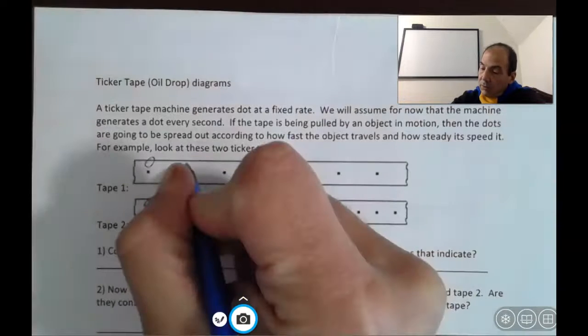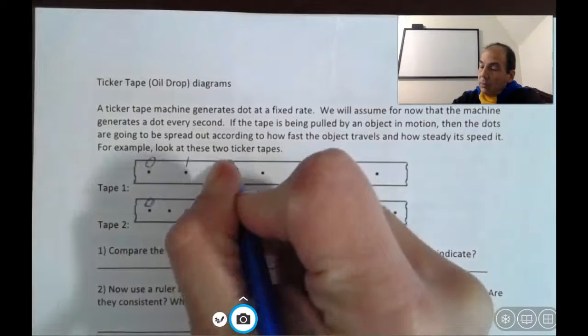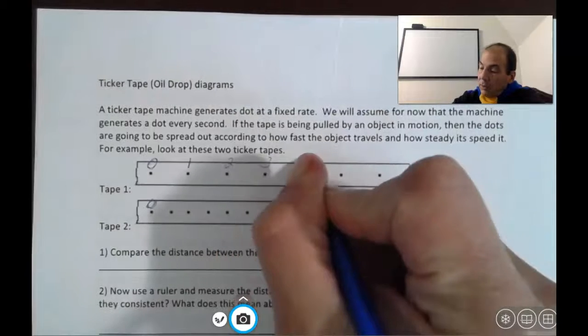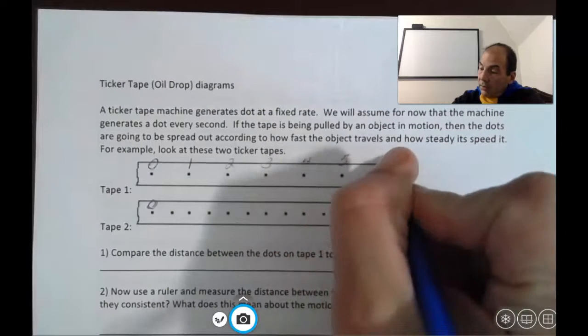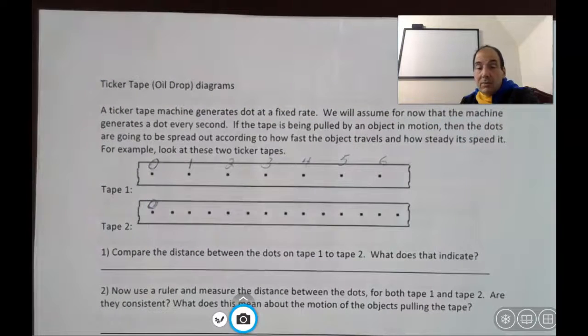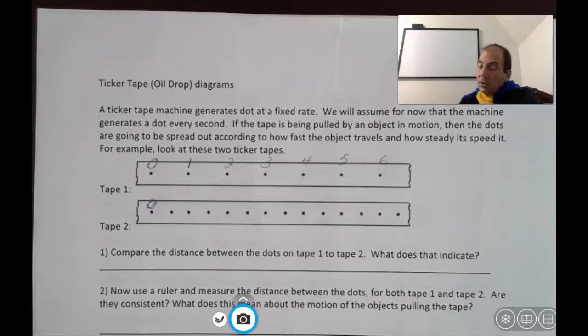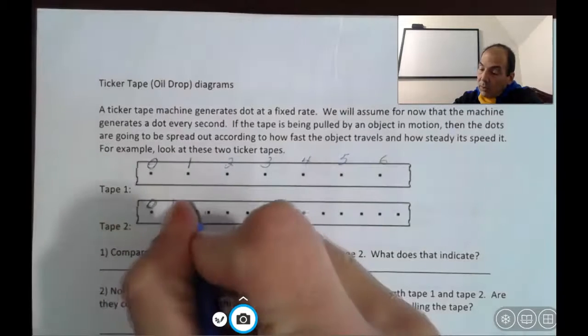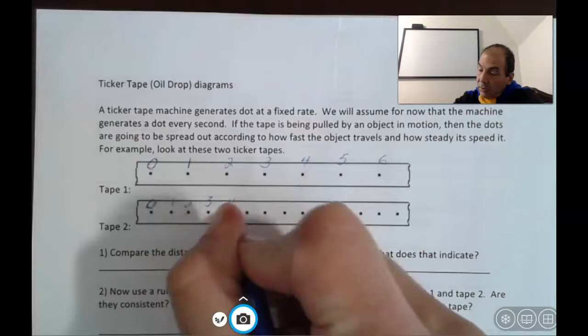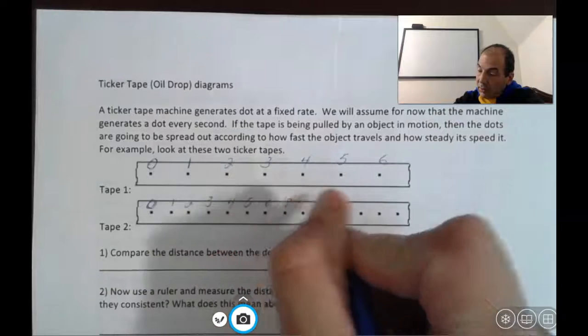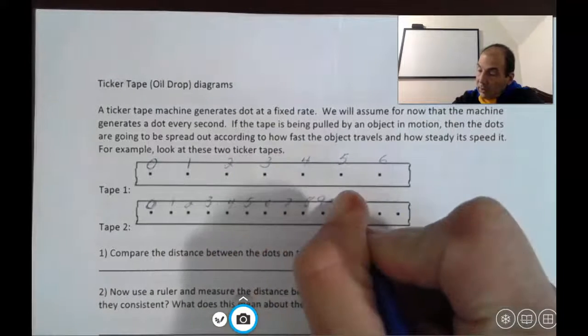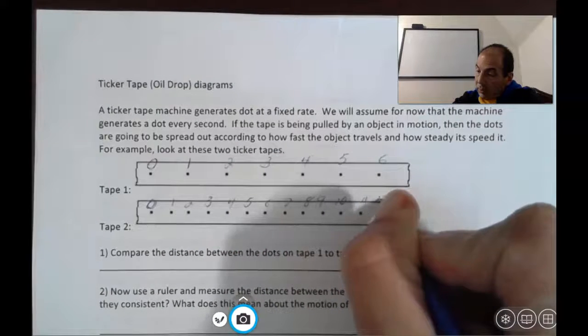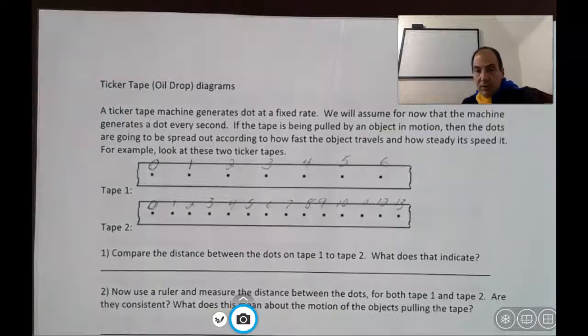So this first car goes 1, 2, 3, 4, 5, 6 seconds before it reaches, let's say, the finish line, whereas this car goes 1, 2, 3, 4, 5, 6, 7, 8, 9, 10, 11, 12, 13 seconds before it hits the finish line.